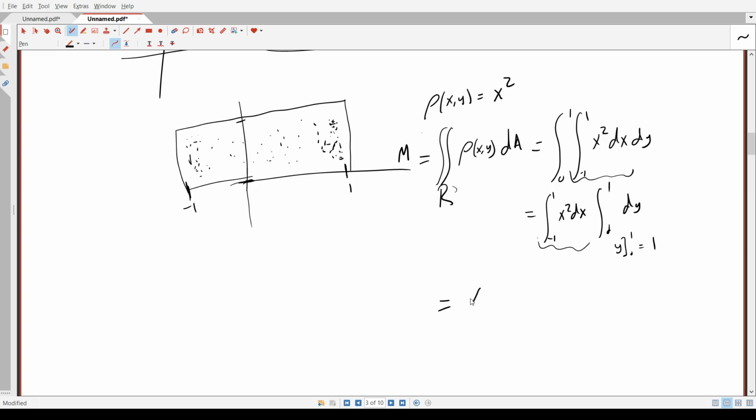This is equal to x cubed over 3 from -1 to 1, so that's going to be 1/3 minus -1 cubed over 3, which is 2/3. So this integral right here is going to be 2/3. When I multiply them together, I get that the total mass of this object is going to be 2/3.